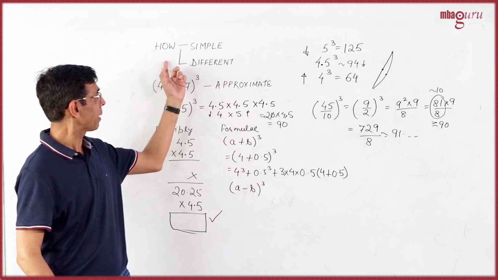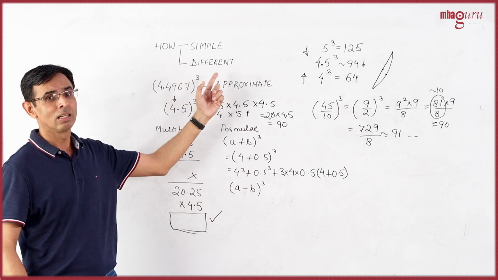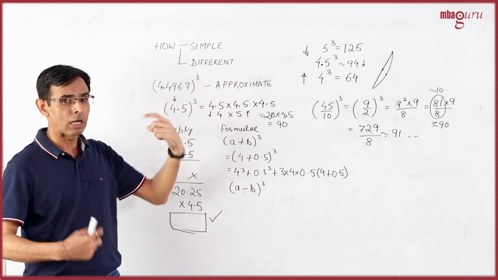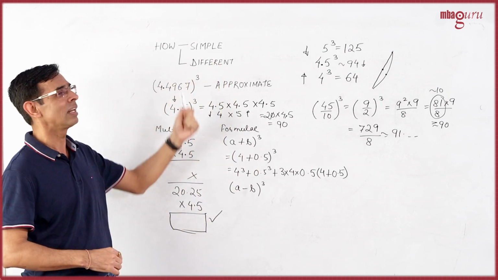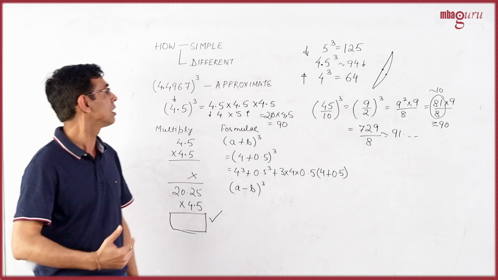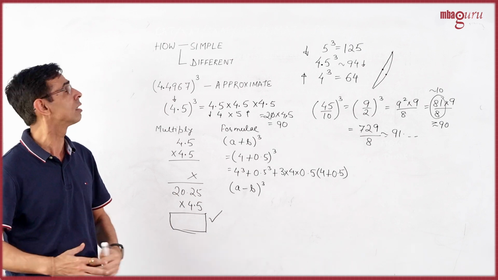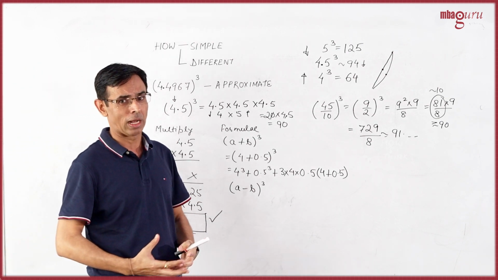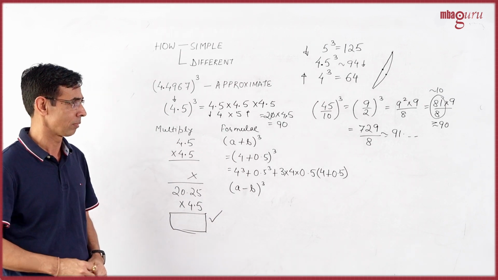So again, developing this approach is key, and we'll see it in future videos also as to how you can build upon this approach. This is a skill that is fairly different from what you've experienced in the past, and this will take you ahead of several other competitors who are probably putting in equal number of hours as you are on your CAT preparation.